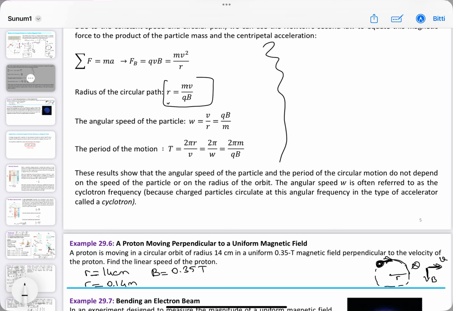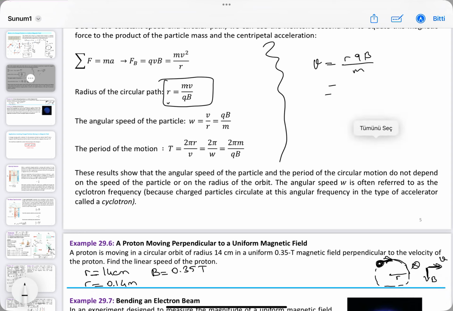I will take that formula. If you take that formula, velocity equals rqB over m. They have to give r, q and m. They didn't give them here. I will copy some from my slides. Give me a second. I already know q, but I have to take the mass information.